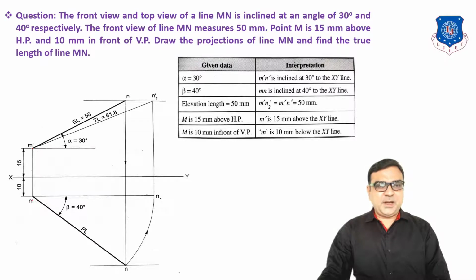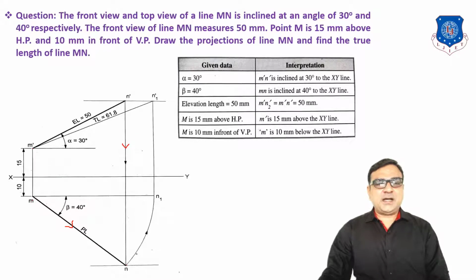Now from M, draw one line at beta angle 40 degrees, because the length of the top view is not given, so you just have to draw a line. Now the other thing is that N dash and N are always in a single line. So draw a vertical line from N dash up to the inclined line of M at 40 degrees. The intersecting point is N.